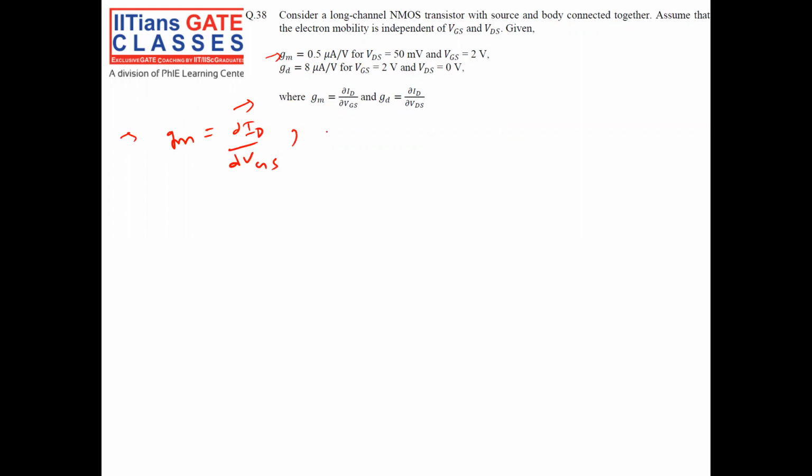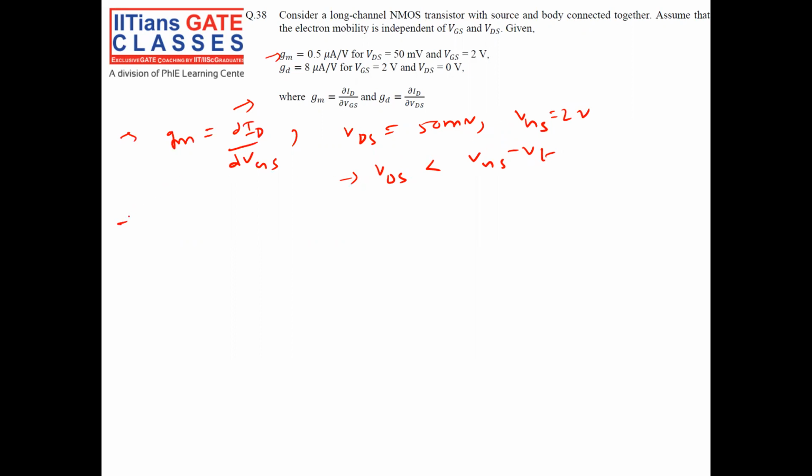Here, first thing is, since VDS is equal to 50 millivolt and VGS is equal to 2 volt, we assume that VDS is less than VGS minus VTH. Even though I don't know VTH, since VDS is only 50 millivolt, very less, we can assume that the transistor is operating in linear region. So I can assume that my transistor is in linear region.